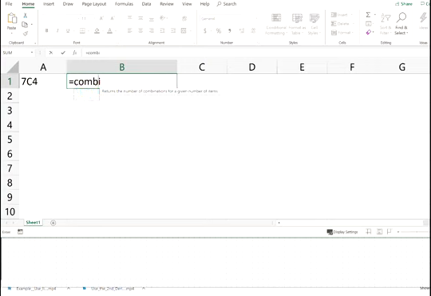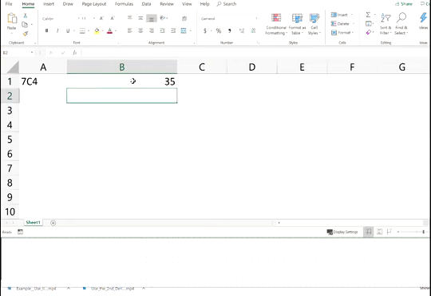Well, after just the first 4 letters, there's only 2 functions on Excel that start with the letters COMB, and the first one on the list is returns the number of combinations for a given number of items. That's exactly what we're looking for. So if I select this one, Excel is telling me in parentheses I need number, comma, number chosen. All right, well, that's the 7 and the 4. So 7, comma 4.